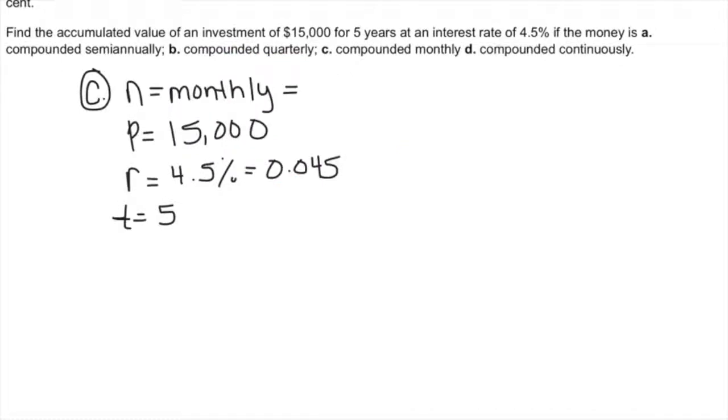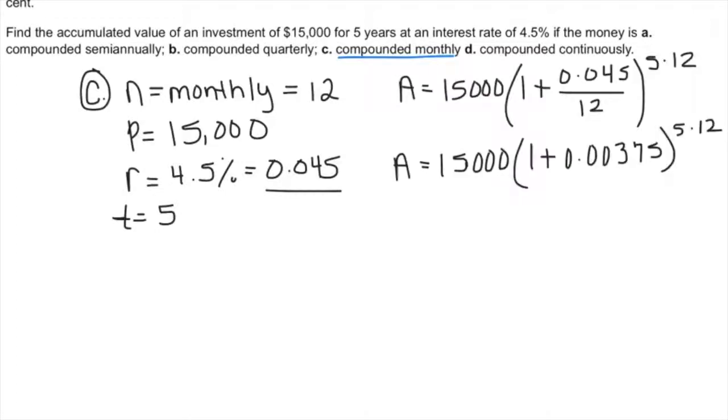Part C asks us to find the value of the investment if it was compounded monthly. Since there are 12 months in a year, our n in this case is going to be 12. And again, all other values stay the same. So our P is 15,000, our r is 0.045, and t is 5. So my first step is to substitute all of the values into my equation.